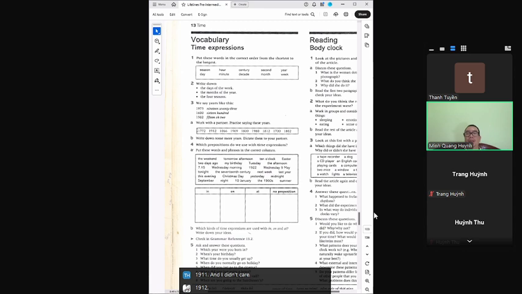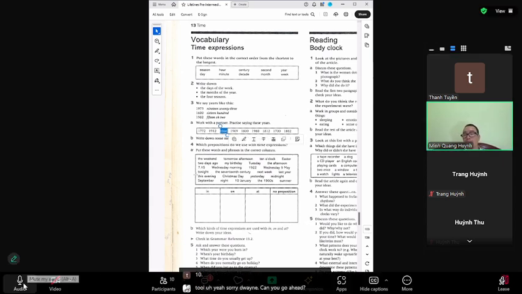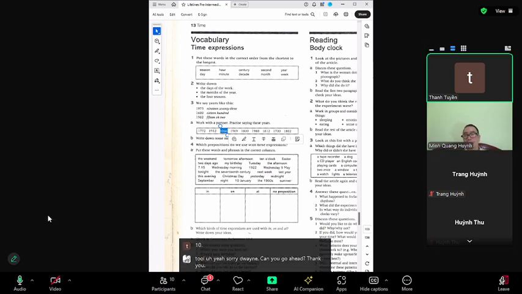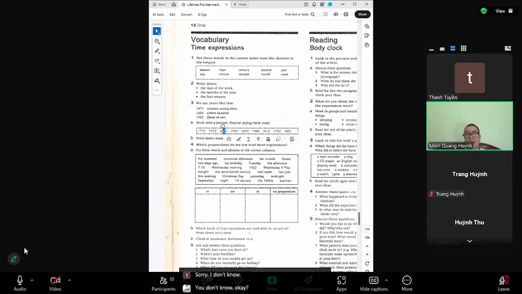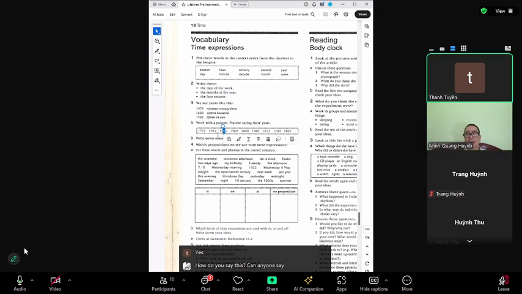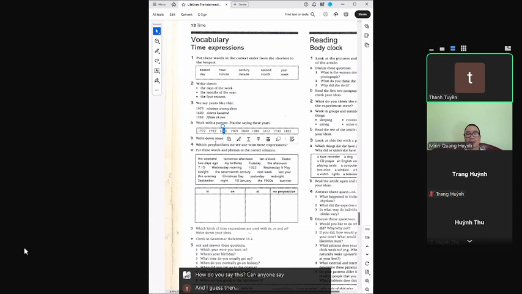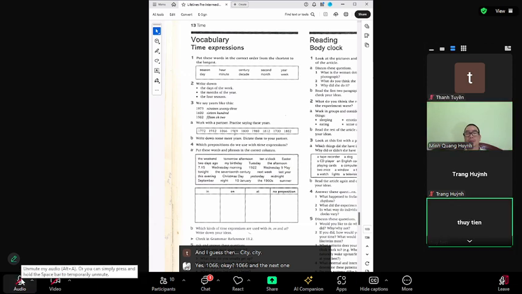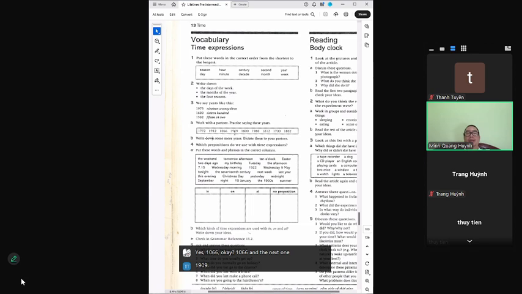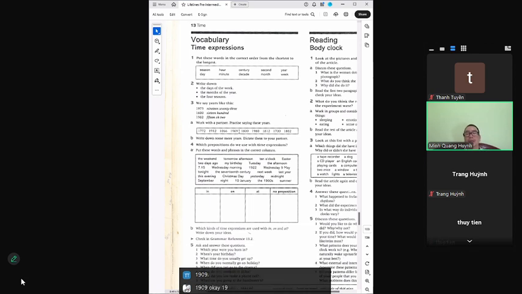Very good. Can anyone say 1066? Yes, 1066. And the next one? 1909. Very good.